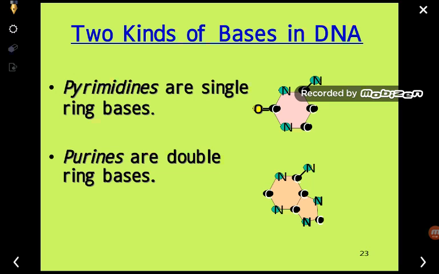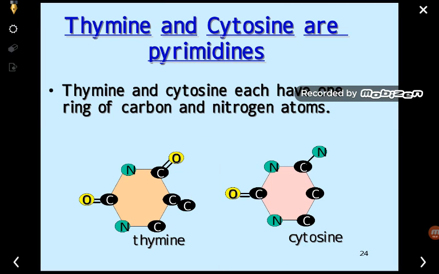The structure of the purines and pyrimidines is given here. Purines are double ring compounds. You can see this is a single ring and this is another ring, so it is a double ring compound, and pyrimidines are single ring compounds.